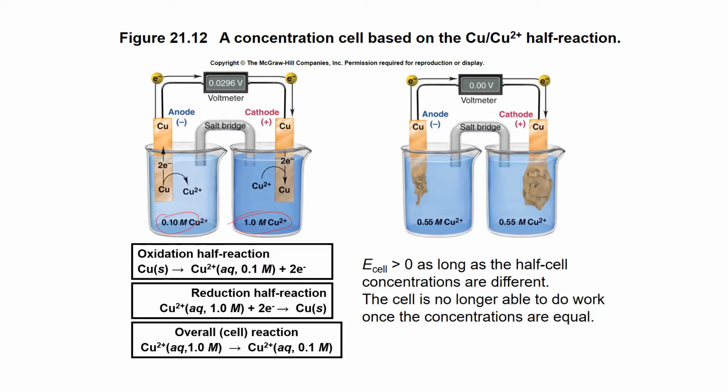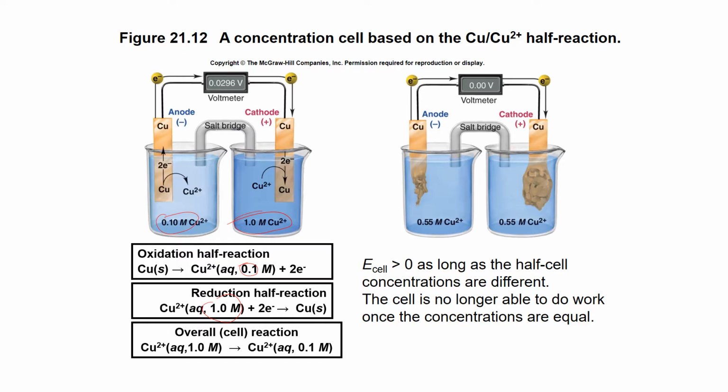Their half equations will be the same. The only thing that will differ is the concentration. So we have an overall reaction of that, and the E0 cell is greater than 0 as long as there is a variation in the concentration.